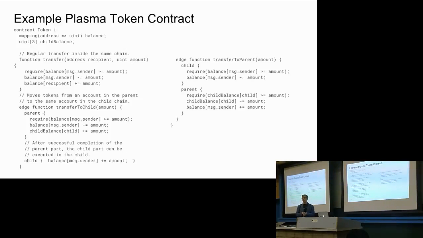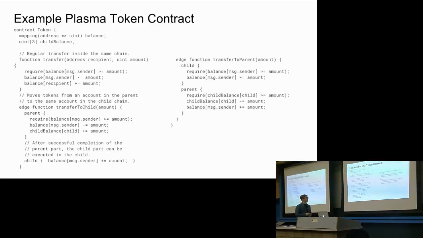That has to be part of the transaction, otherwise people could just grab your transaction and send it to another blockchain. You want to avoid this. So every blockchain has a unique identifier, and this has to be part of the transaction. For an edge function, you send it to a relative parent and a relative child at the same time. We have a section marked parent in this code, which will be run on the parent, and a section marked child, which will be run on the child. They run in sequence, not in parallel.